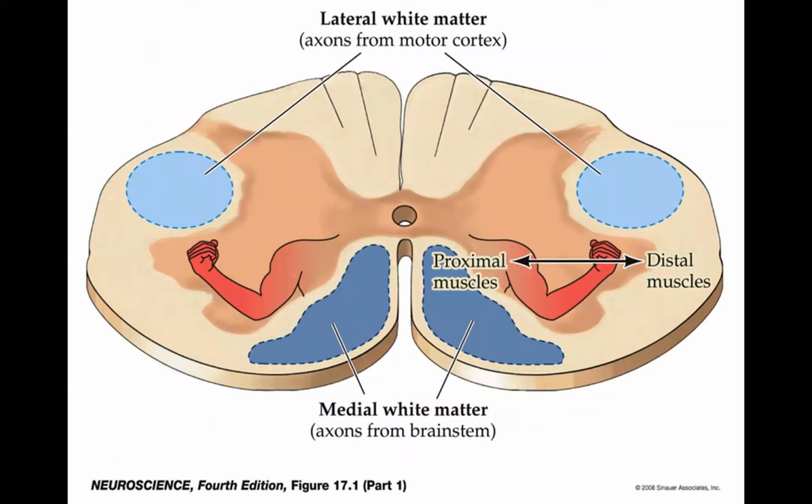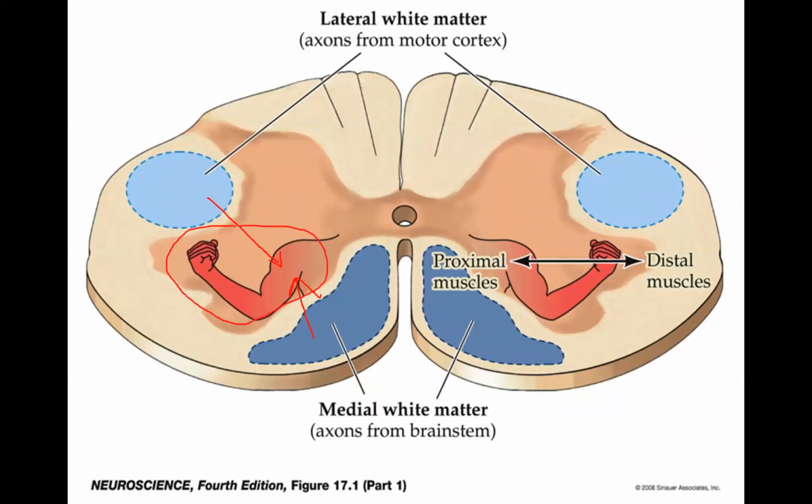In the tracts, we have descending and ascending. And you can see that this and this are fibers of the pyramidal tract. And these fibers come to the anterior horn.